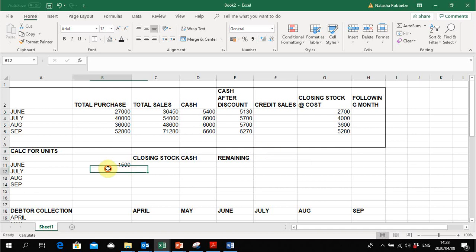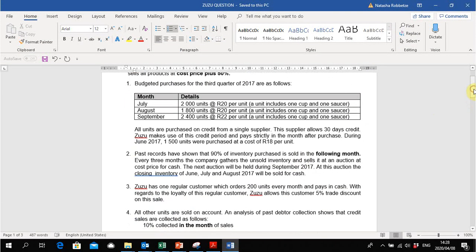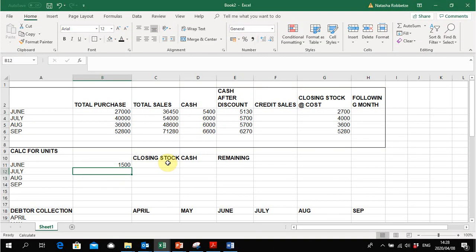In July, if we just go back to the question, there's 2,000 and 1,800 in August. And then in September, I believe it was 2,400 units.